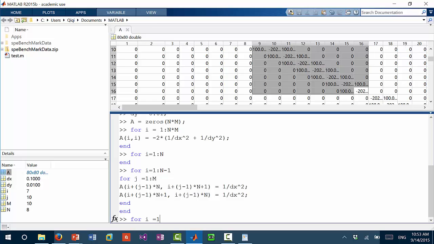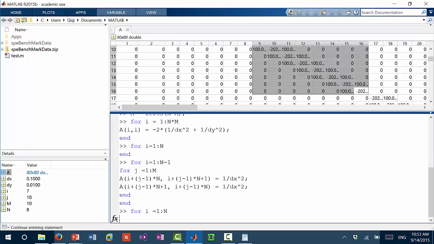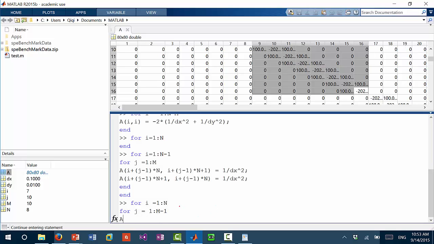The remaining task is to fill the diagonals that are n entries away. So I goes from 1 to n, and j goes from 1 to n minus 1, and I have i plus j minus 1 times n. Now what is the second one?